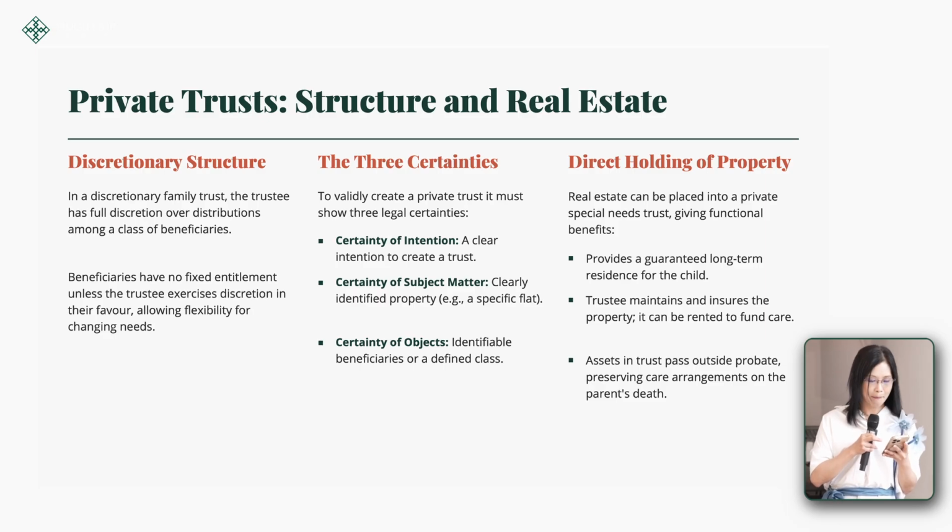The trustee insures the properties and where appropriate may rent them out, with the rental income used to fund the care. And because the assets are held in trust, they pass outside probate. So you don't need to do the probate. There is no interruption. There's no gap. So care arrangements can be made seamlessly on the parent's death.